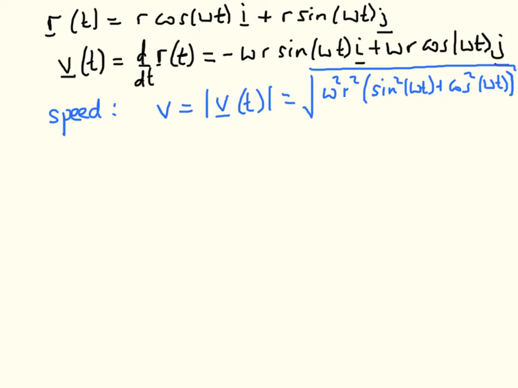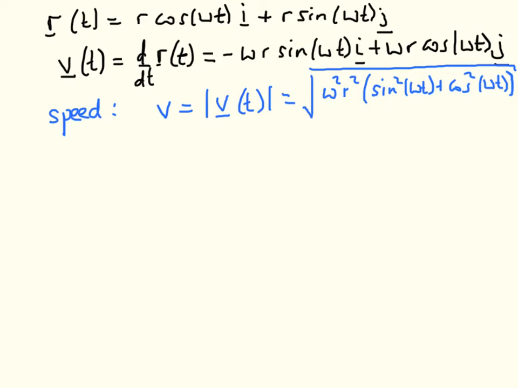Now this is of course 1, sine squared plus cos squared is 1, so we have the square root of omega squared r squared. And if we assume that omega is positive and that r is positive, r being the radius of the circle, omega we're going to take by convention to be positive, then the square root of omega squared r squared is omega r.